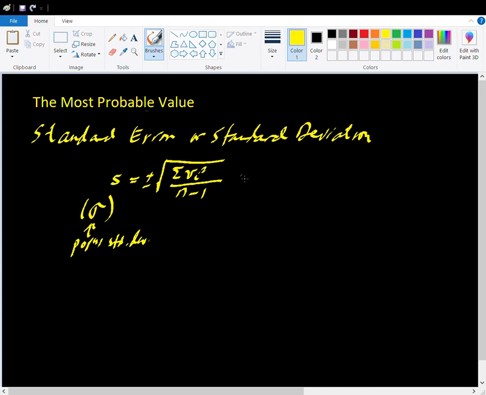Okay, so we know that Vi is the difference between Xi and the most probable value. What you do next is you square this difference for each of the measurements, add them up together, divide it by n minus 1, and then take the square root. That will be the standard deviation. All right?